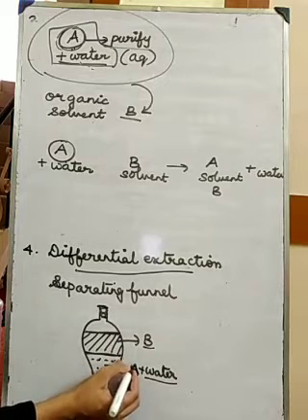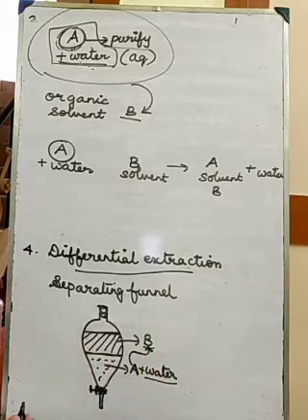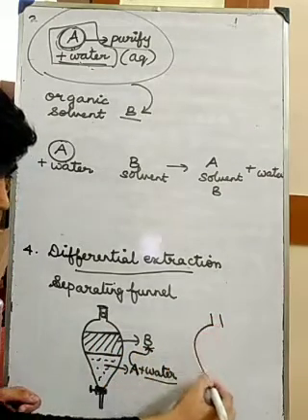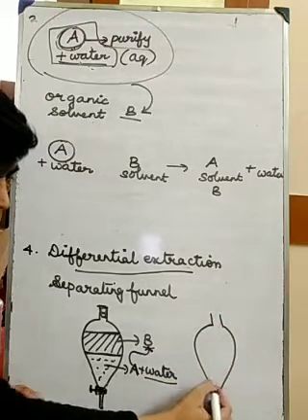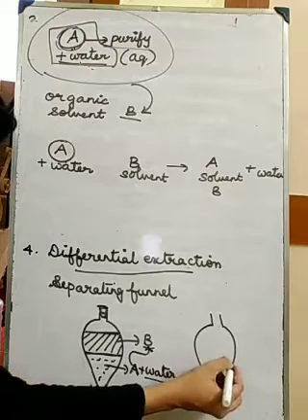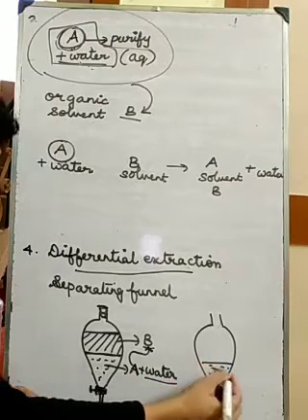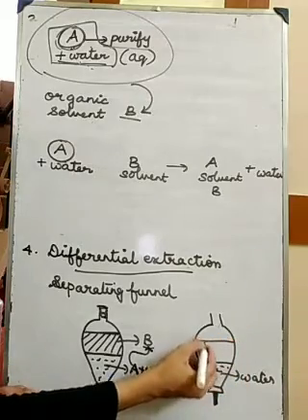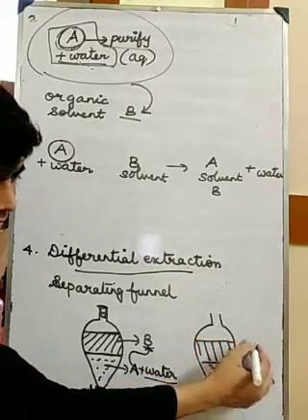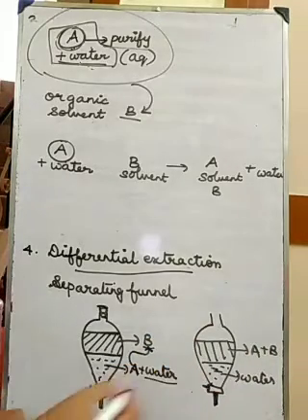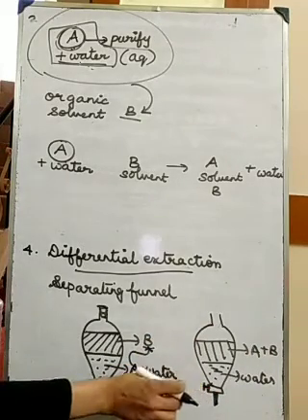This A will move out of water and it will mix with B. So what will you get now in the flask? Water alone will be at the bottom, and this A would have combined with the solvent B. Now you have to open this nozzle slowly.